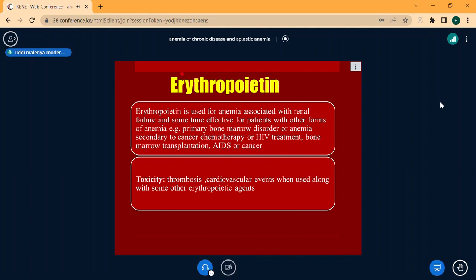What is erythropoietin? Lack of erythropoietin usually leads to anemia. Erythropoietin is a hormone that usually stimulates the bone marrow to produce the red blood cells.